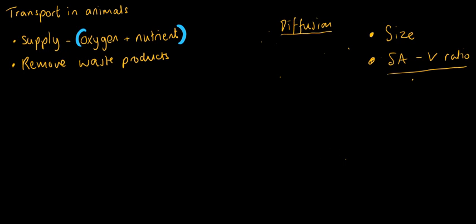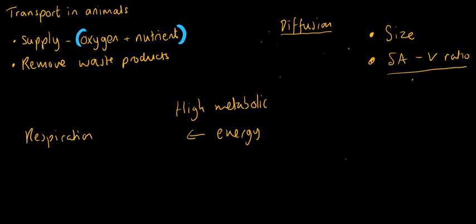Okay, and then finally, the third factor that influences our need for a transport system is the amount of, say for example, oxygen and nutrients that we require. So let's say, for example, I have an organism that has a high metabolic rate, which means that they're going to require a large amount of energy, and that energy is going to come from the process of respiration, and respiration requires oxygen as well as glucose to release that energy, as well as producing waste products such as carbon dioxide and water.